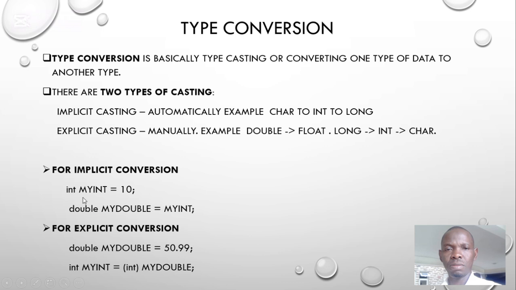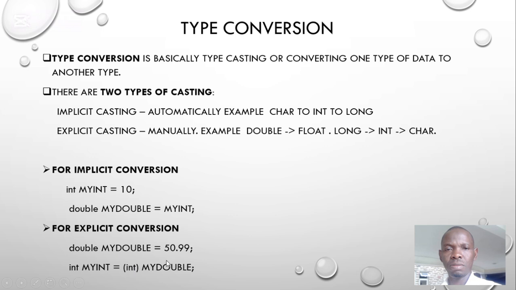So because we can convert from a smaller value to a larger value using implicit conversion. The next one is the explicit conversion, which is done manually. For instance, we use a typecast.